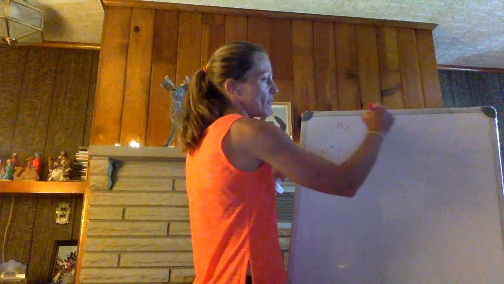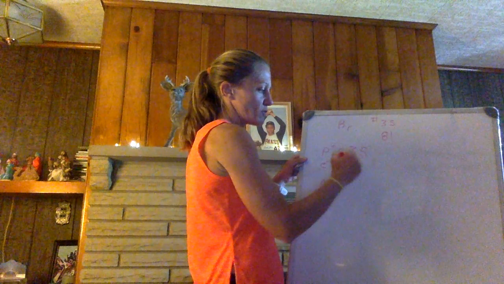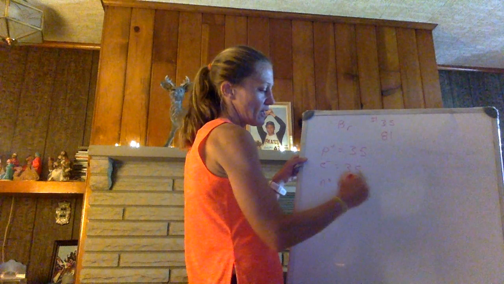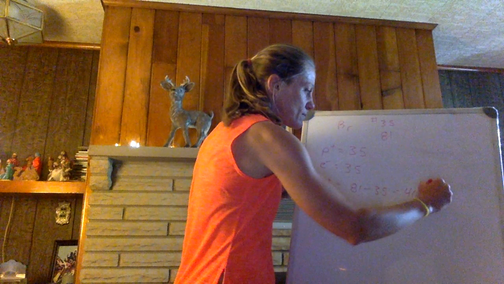I've got number 35 and a mass of 81. 35 protons, 35 electrons. 81 minus 35 gives me 46 neutrons.